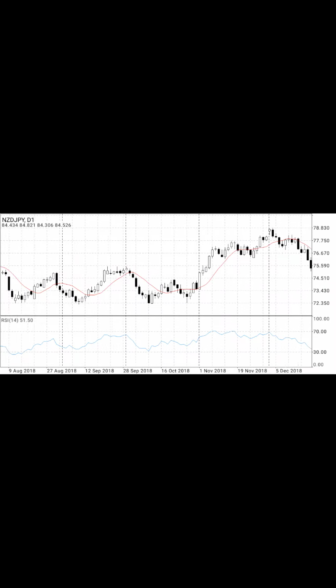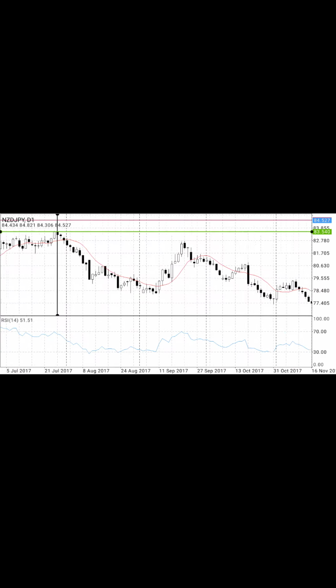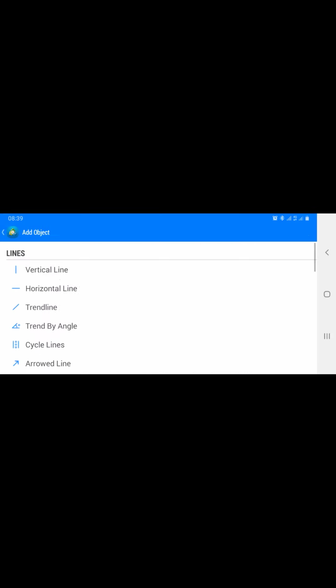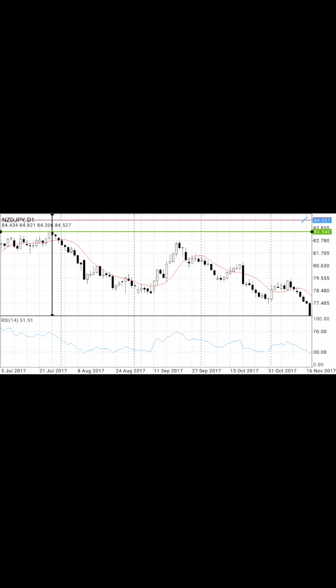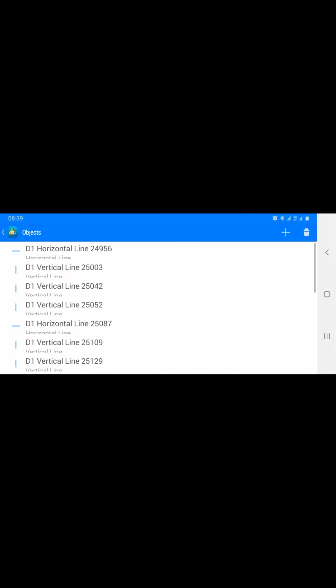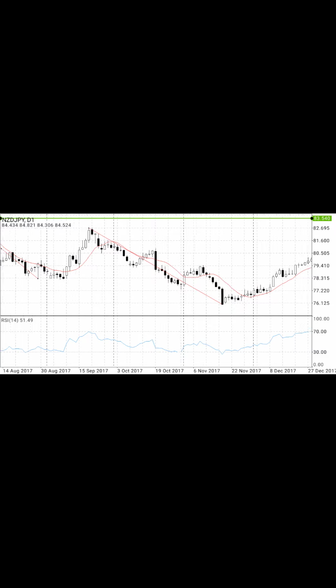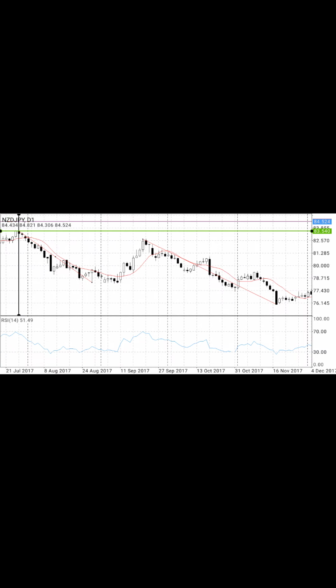You can see after the last reinforcement right here, that's the first bearish, with the second bearish right here. That's the second bearish. So you can see from these two bearish, clearly price is bearish.